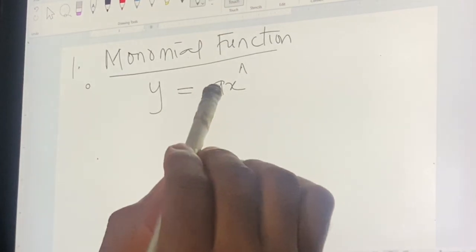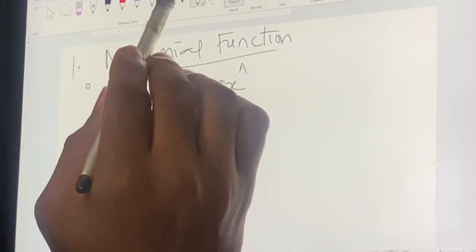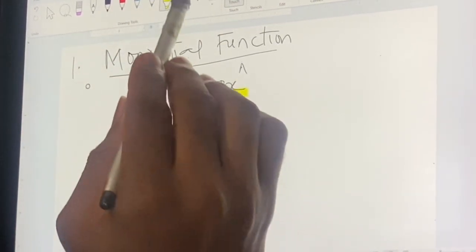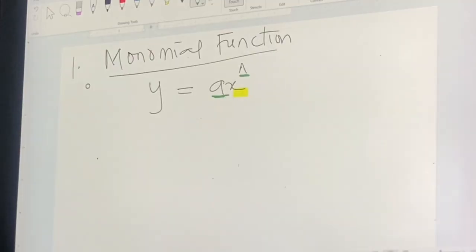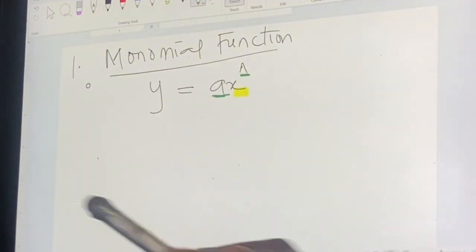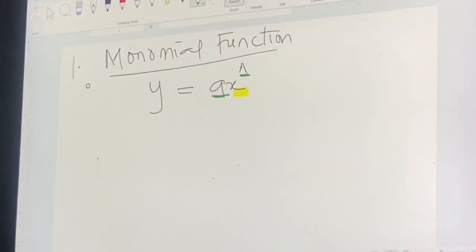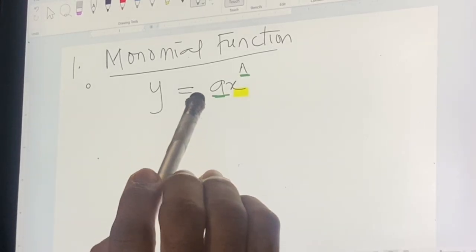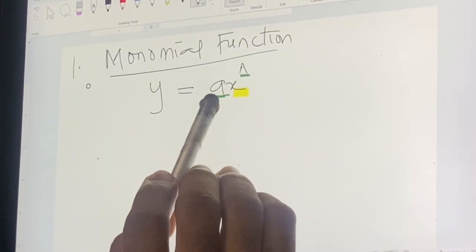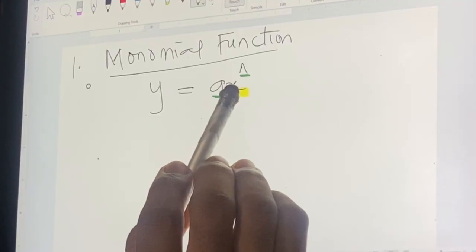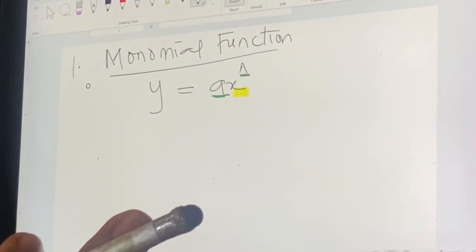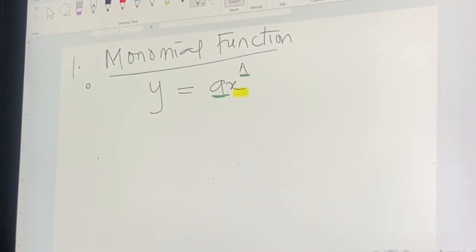Because it consists of one digit, a letter, and a power. Whenever you have an expression that consists of a digit, letter, and a power, that function is known as a monomial function.